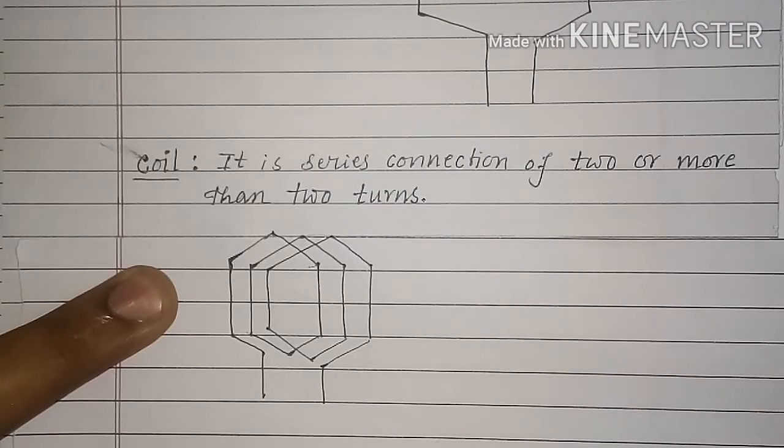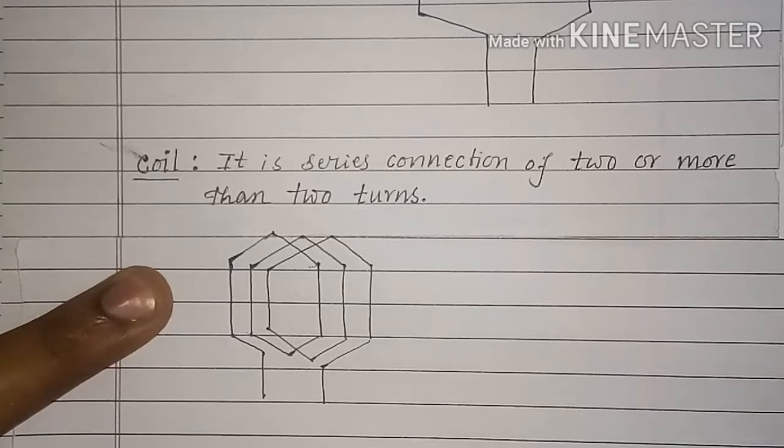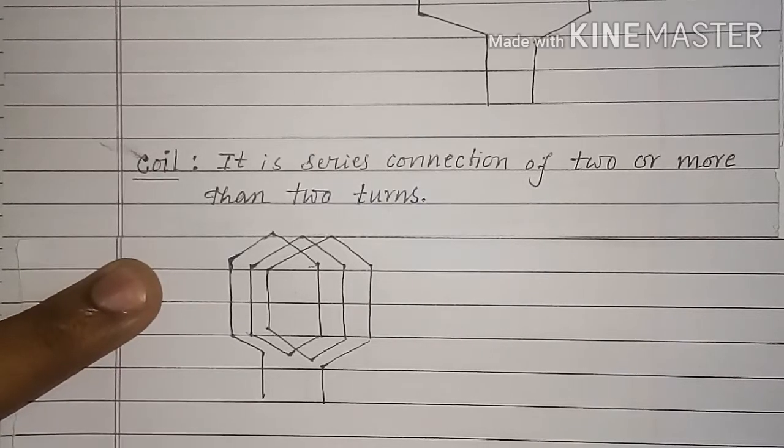So to form a coil, go on connecting many turns in series.